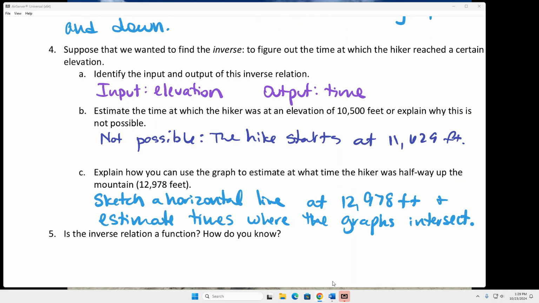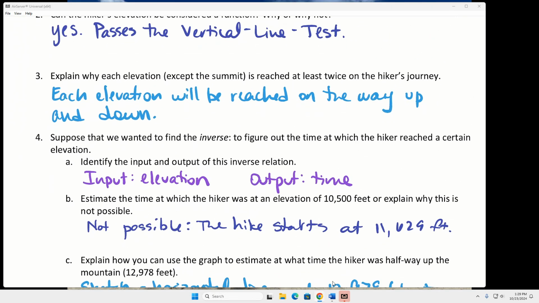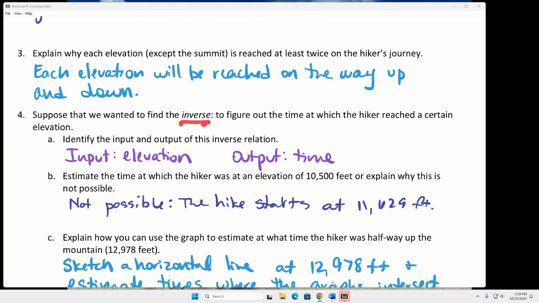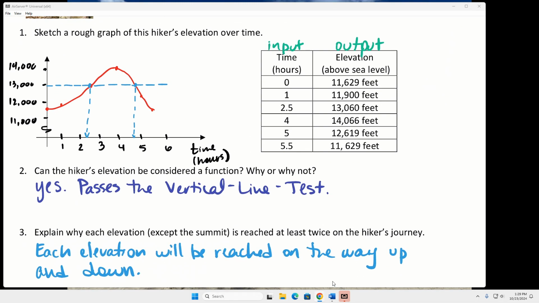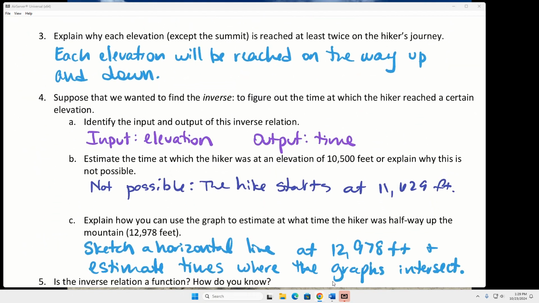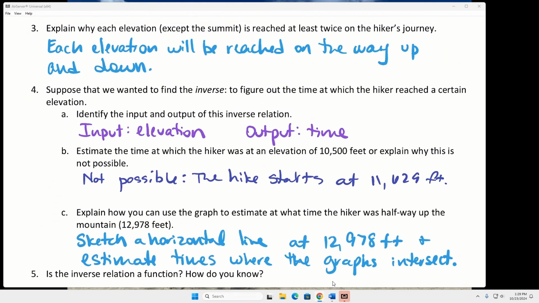Number 5 asks, is the inverse relation a function? So we talked about thinking about the inverse, and you would put in an elevation, and what you would get out would be a time. If it's a function, you put one thing in and you get one thing out. So if you put in an elevation, is there only one time they're at that elevation or 2?